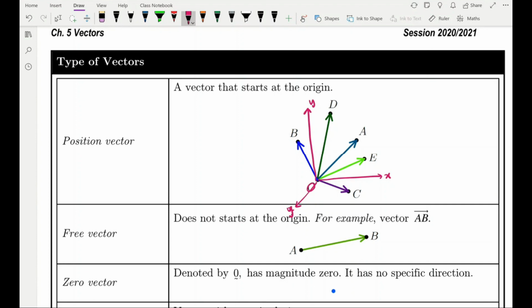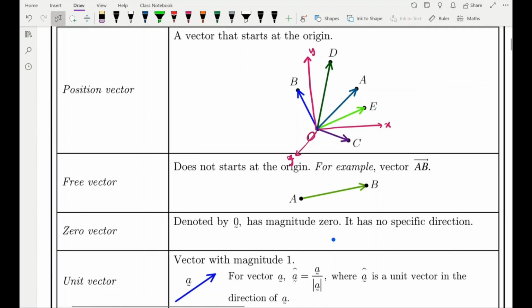Another one, we have the free vector. A free vector does not start at the origin. For example, vector AB, from point A, such as A1, B1, and C1, and B is A2, B2, and C2.